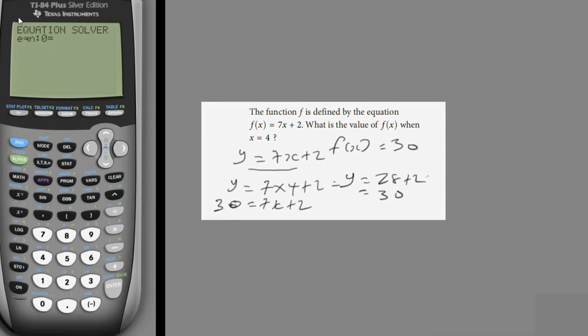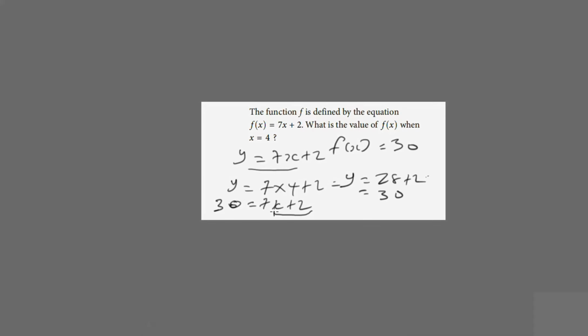So what it means now is that we need to make this expression we have here align with what we have on the calculator setting. So to do this, you move what we have at the left side to the right side, change to the negative. So it's going to be 0 equals 7x plus 2 minus 30.